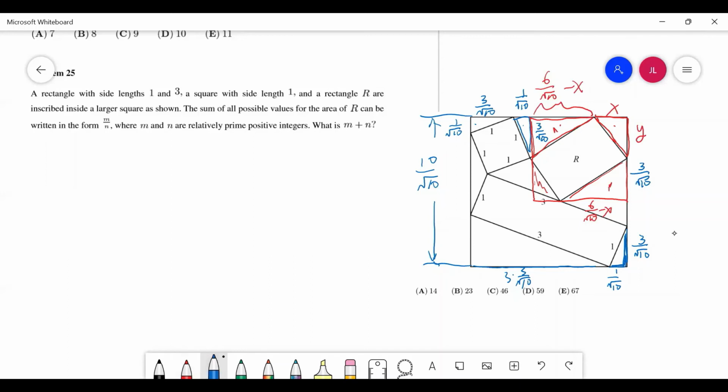And here I want you to point out, if you look at this one, this triangle is actually similar to the triangle, right? So if this side is 6 over square root 10 minus x, then this times this is going to be 1/3 of 6 over square root 10 minus x.